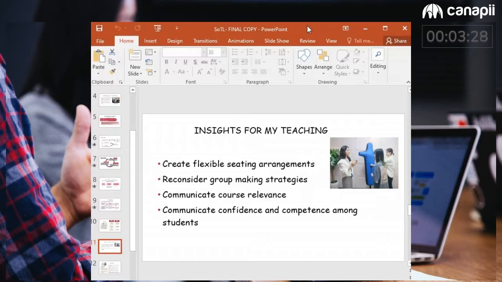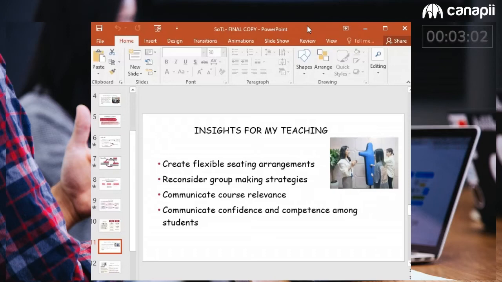And I have reminded myself to reconsider group making strategies. I believed I would like students of different disciplines and different genders to come together and have discussion in class. But I think that is not going to work because students choose to sit along with peers of the same gender and also of similar discipline or whom they are familiar with.